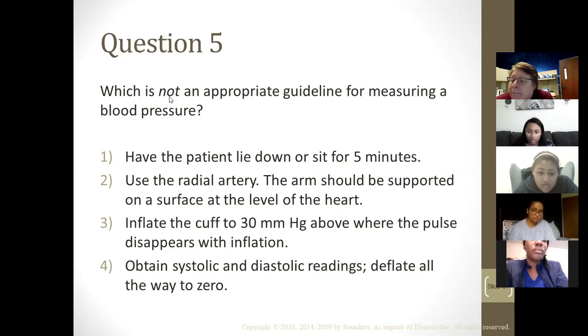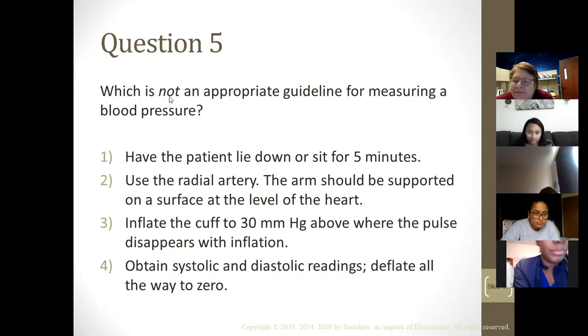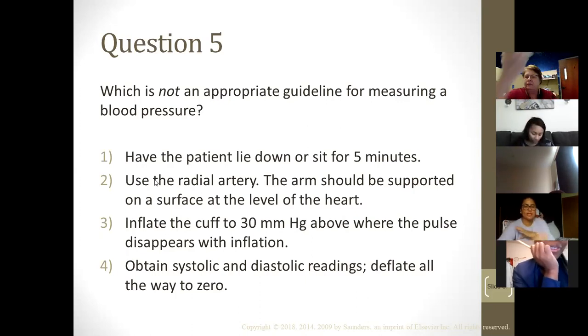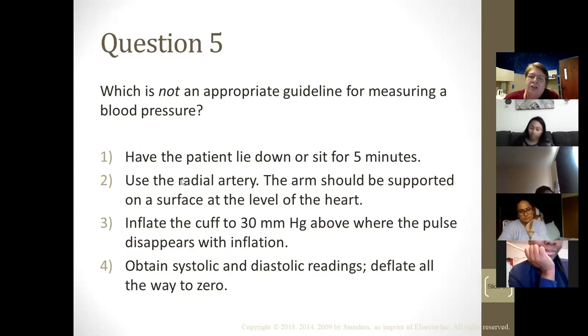You want them to do that, so that's not the answer we're looking for. 3 is right too. 2. You're not going to use the radial artery. Very good. Somebody picked up on the cue. Radial's down here in your wrist. Do you take blood pressures down here? No, they're up here in your brachial artery. Okay, good job.